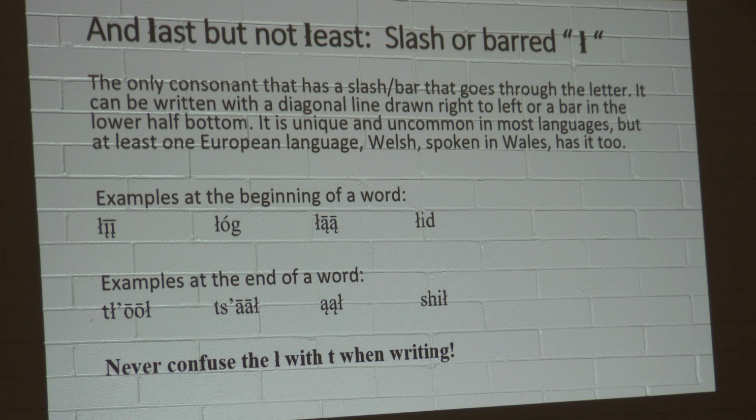Sit, smoke, sit. And then examples at the end of a word, oar, rope, ar, meaning cradle board, or meaning it's finished, it's over, and then shift, which means with me.